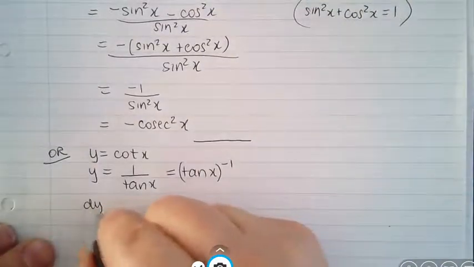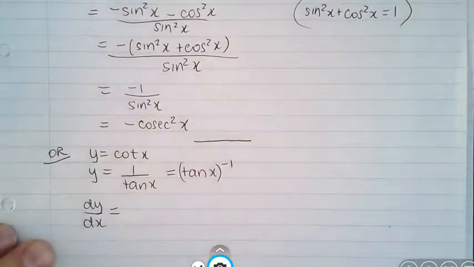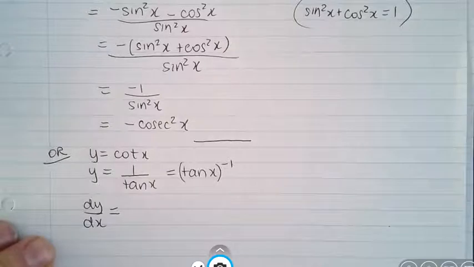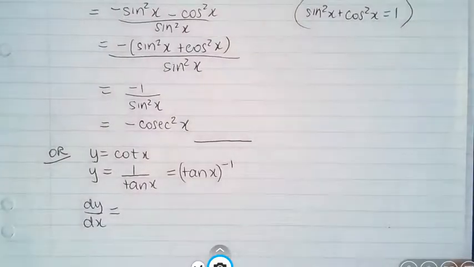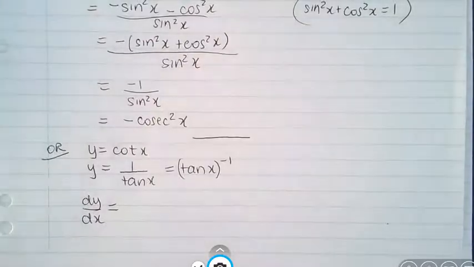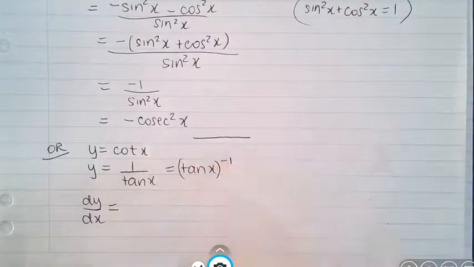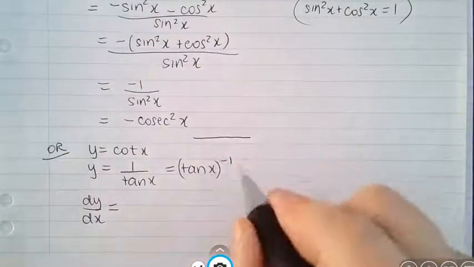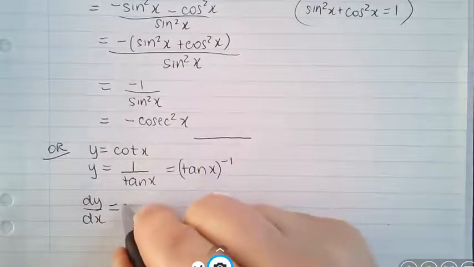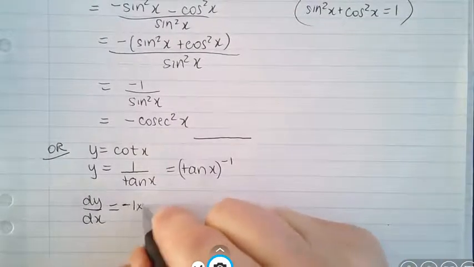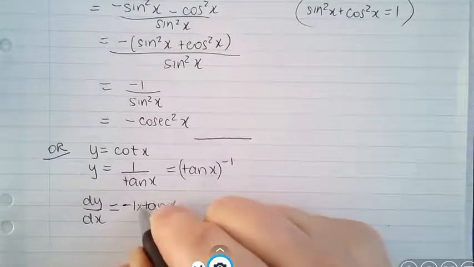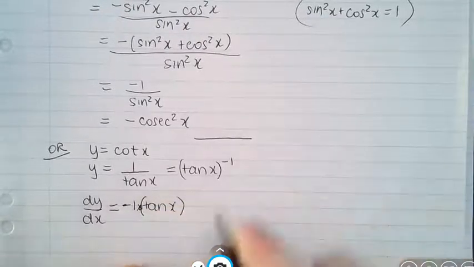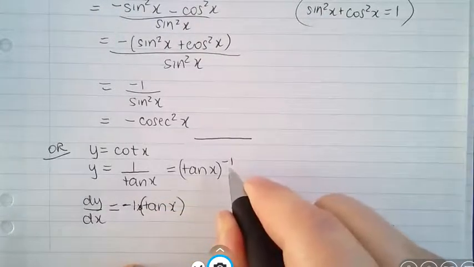So what have we got? dy dx equals, this is the other way. What do we do? Anyone? Okay, now, what do we do? If you're asked to do something to a power, how do you differentiate it? Don't you bring the power down? Negative 1 tan x. So I go negative 1 bracket tan x. Don't I drop this power by 1?